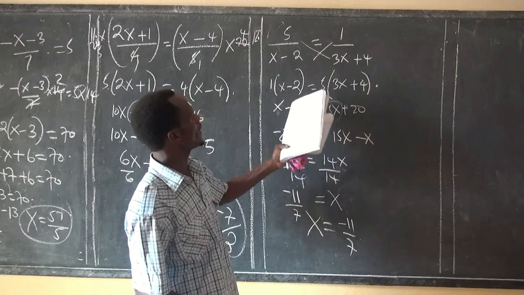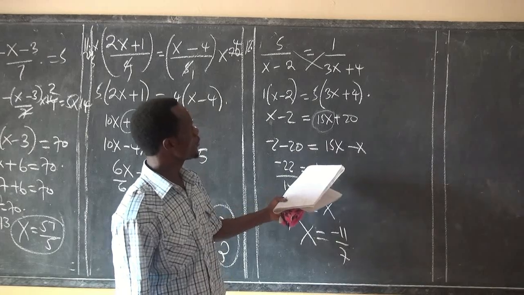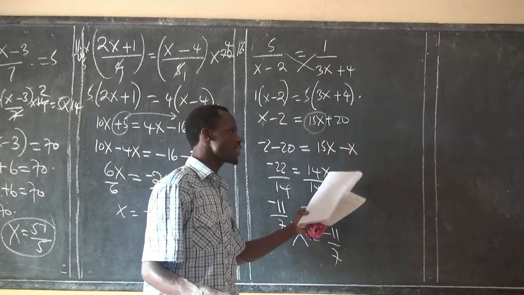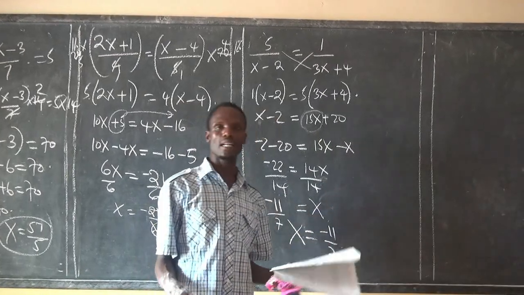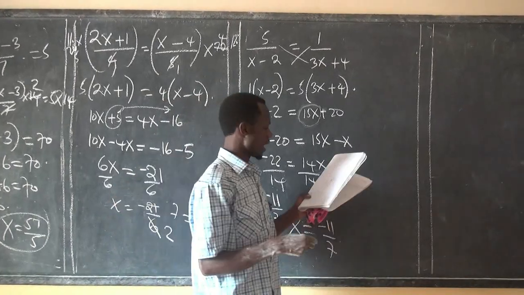Our principle is understanding how you can deal with integers. Some people say you take the number which has greater value and follow it. That is not a principle. Our principle is understanding an integer.